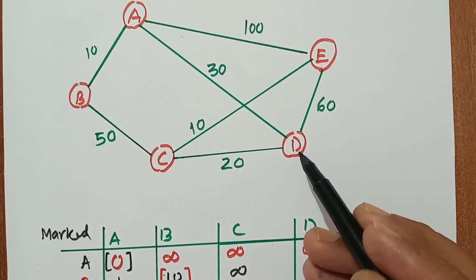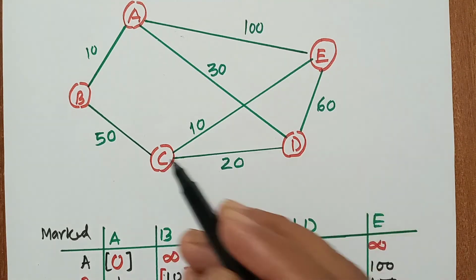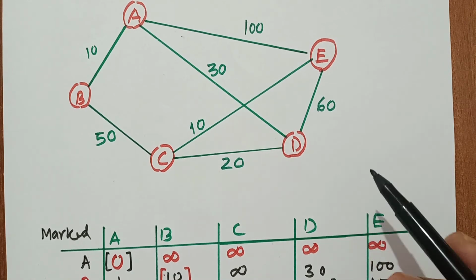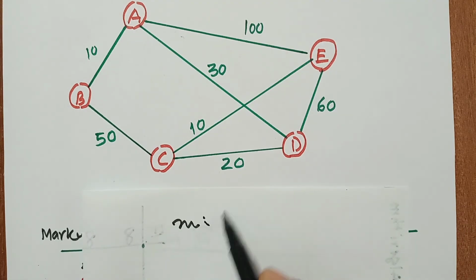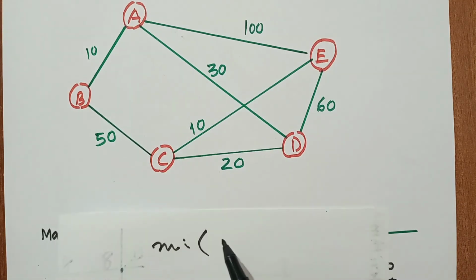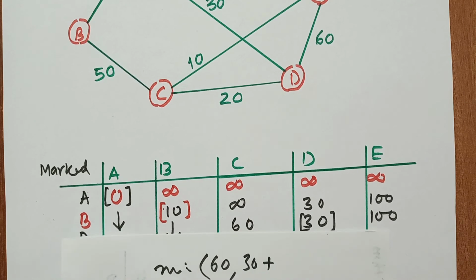Now we concentrate on D. Where is D? D is here. How many vertices are directly connected to D? C, A and E. Since A has been marked, no need to touch A, only C and E. Again we apply the formula for D to C: minimum of the old value of C, which is 60, and the marked value 30 plus the weight.